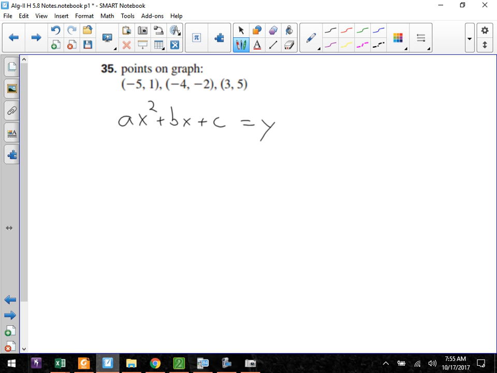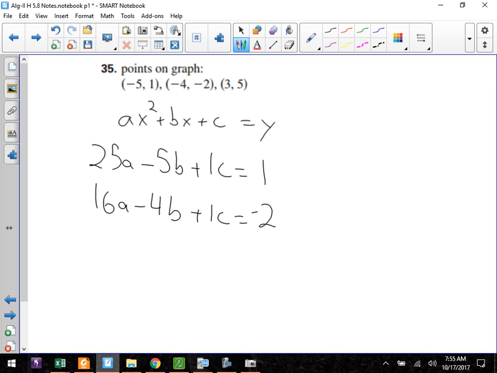So I'm going to get 25a minus 5b plus 1c is 1. 16a minus 4b plus 1c is -2.